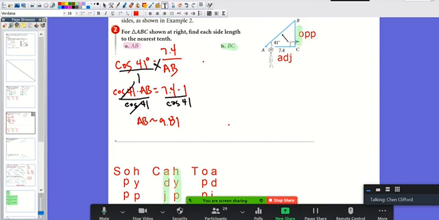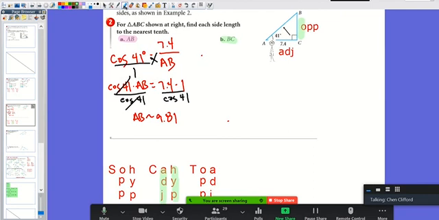Now we're trying to find BC, and we're given opposite and adjacent. Okay, so if we're given opposite and adjacent, we got these two blues. Okay, so we're going to be using tangent.